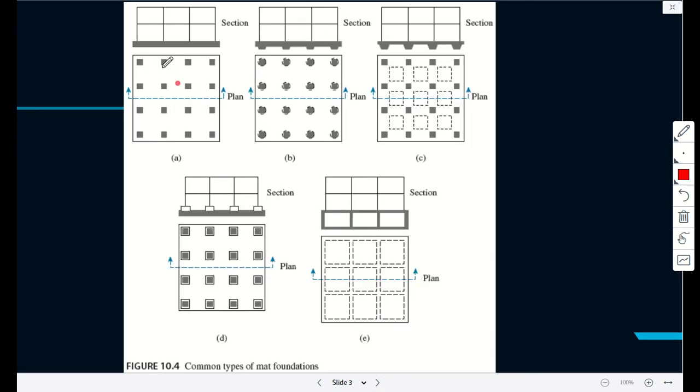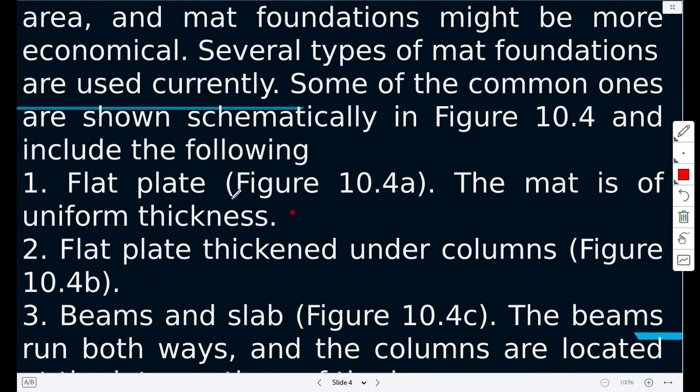So under the mat footing area, there are several columns. You can see 1, 2, 3, 4, 5, 6, and so on. So these are all manner of mat footing, or raft foundation, if you wish.